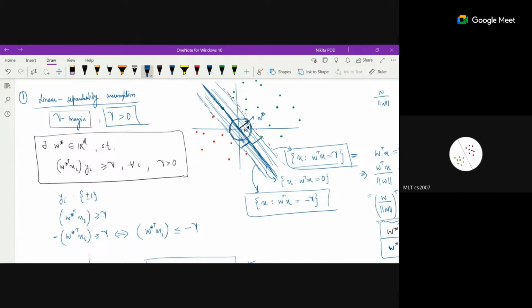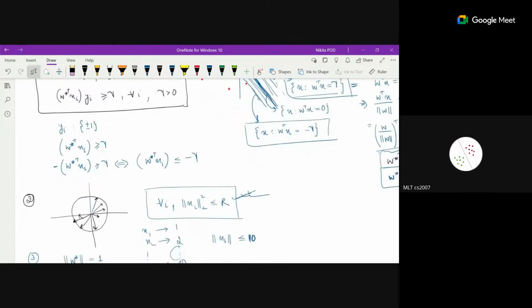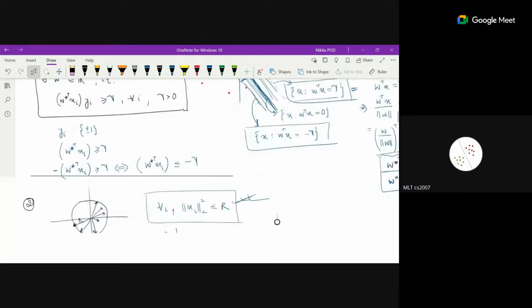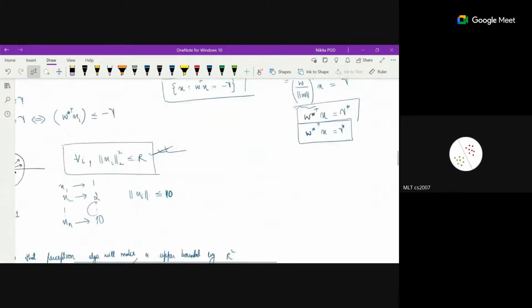I'll draw another figure. Wait, this is a bit messy.